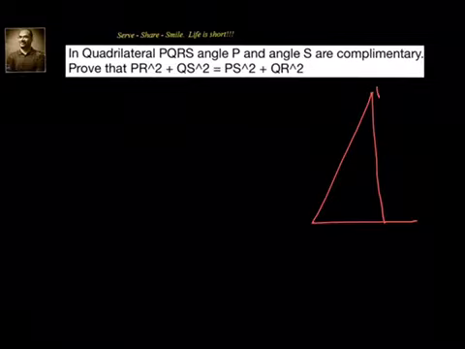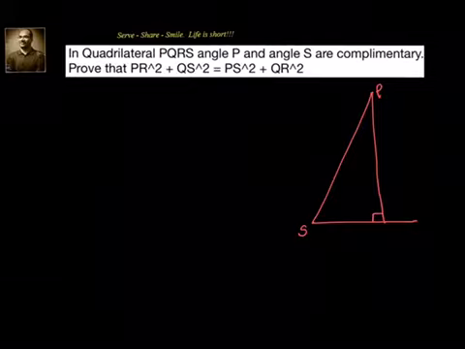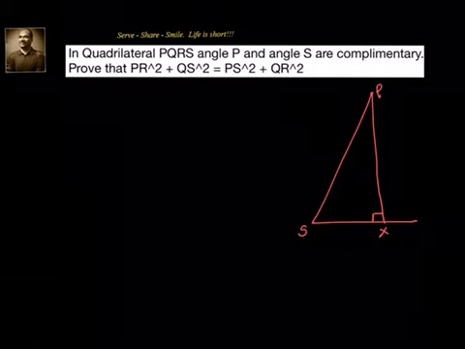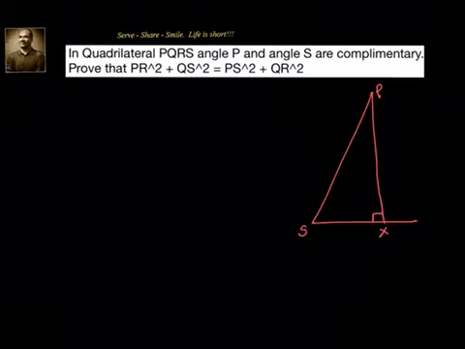So this is P, angle P, and this is the angle S. We made sure that the angle P plus the angle S is 90 degrees by just making X as 90 degrees. Now we know that in PQRS angle P plus angle S adds up to 90 degrees. Then Q will be a point on PX and R will be a point on XS.